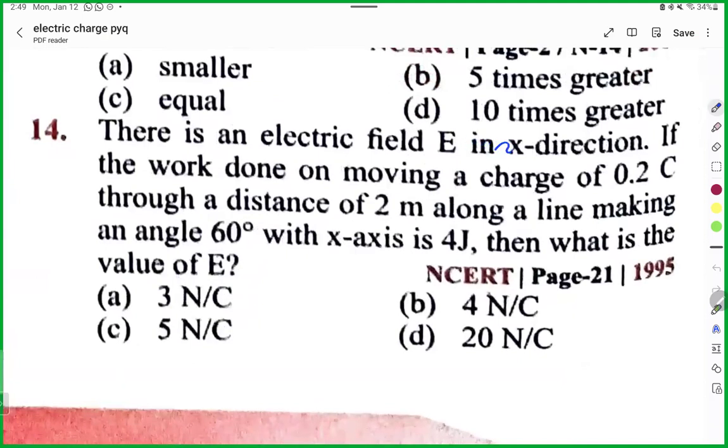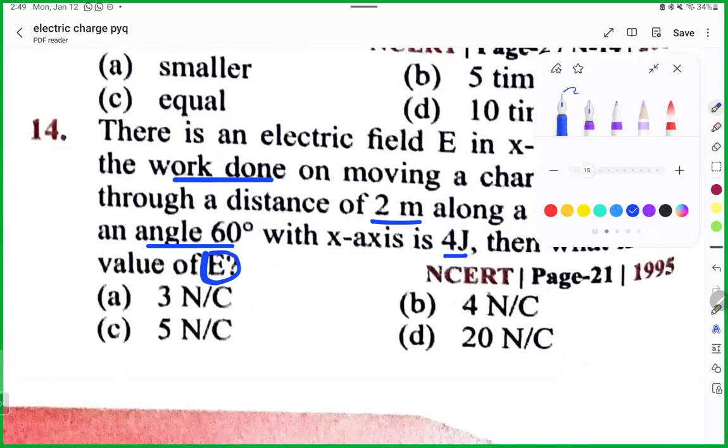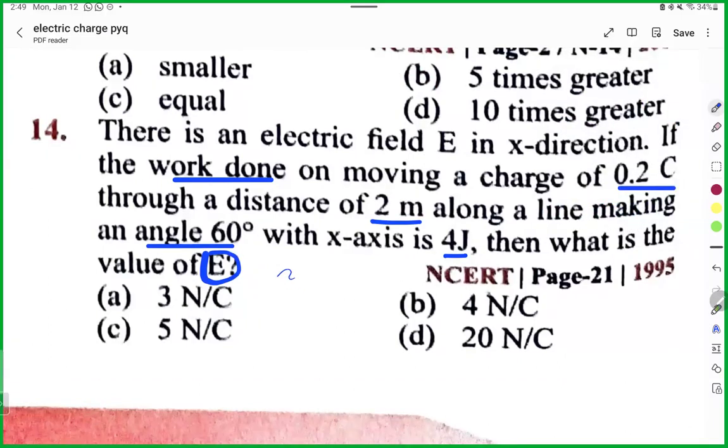There is an electric field in the X axis. If the work done for this charge over this distance at this angle is this, what will be the electric field value? You know work done is equal to force into distance, and force is equal to Q into E. So W equals QE d cos theta.